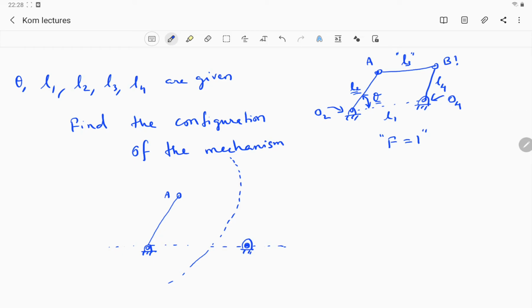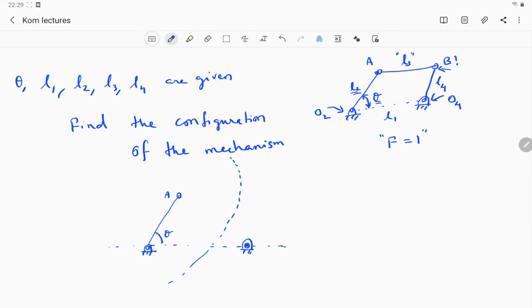So what does this circle mean? This link length has been connected with the point A, right? And what are all the possible paths it can go by fixing this angle theta? If I fix this angle theta and say the kinematic pair between L3 and 4 is not there, then these are all the possible locations B can be, right?